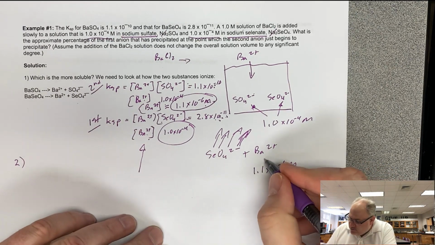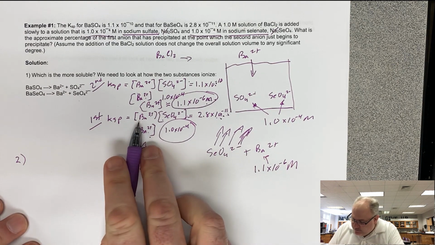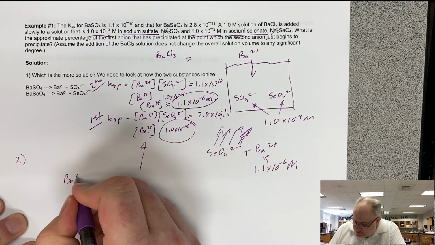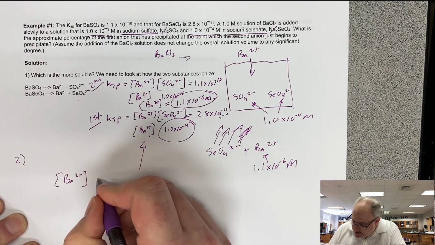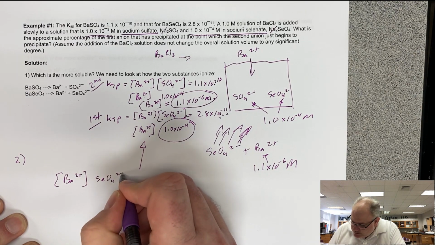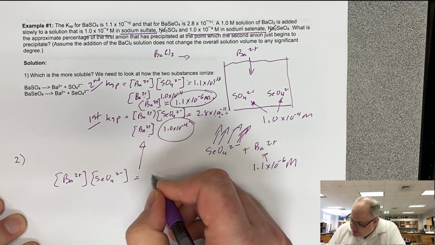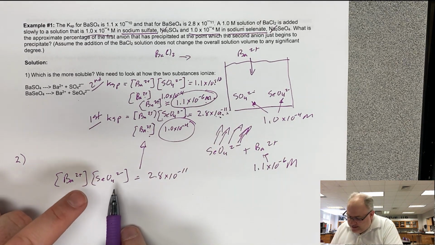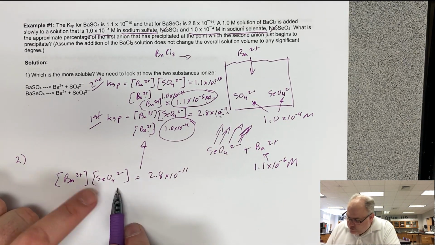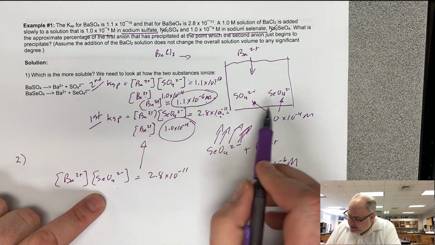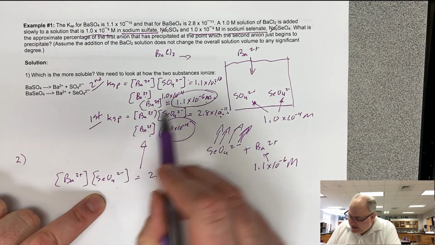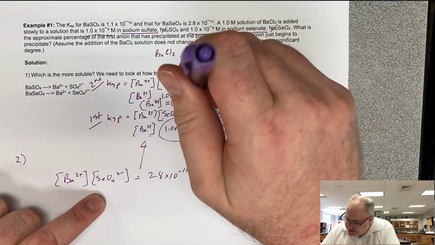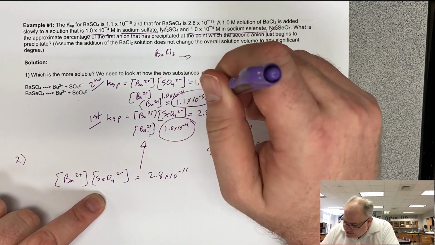So what we can do is go to our Ksp problem here, which is Ba2+ times SeO4 2- equal to 2.8 times 10 to the negative 11. And we know that the amount of SeO4 that we're going to have is not going to be the same as the original amount we had, because it's been reacting continuously until the instant that we hit this amount of Ba2+.